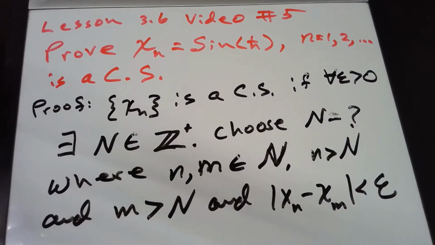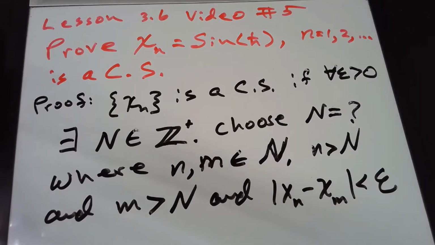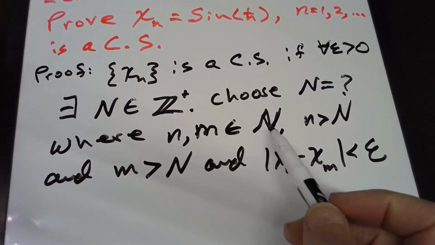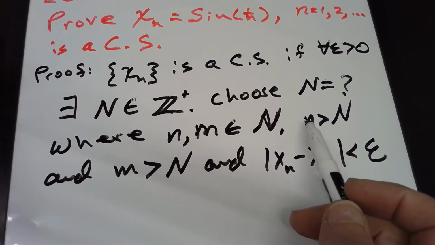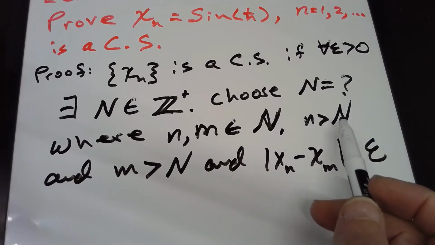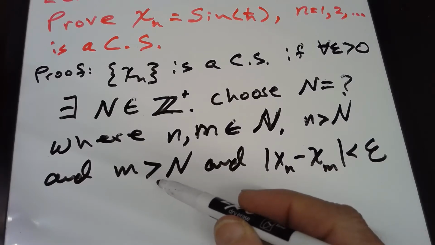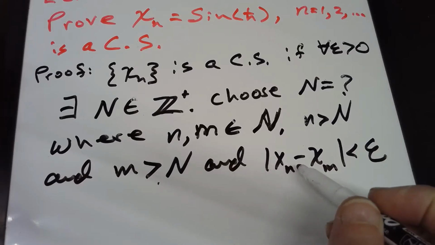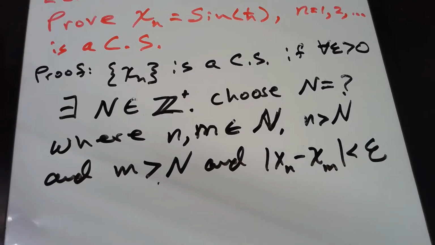Choose n. We don't know what n is. We've got to find that. We're going to go through our scratch work for that, where n and m are elements of the natural number set, and lowercase n is greater than our number uppercase N, and lowercase m is greater than our uppercase N, and where the absolute value of the difference x sub n minus x sub m is less than epsilon.